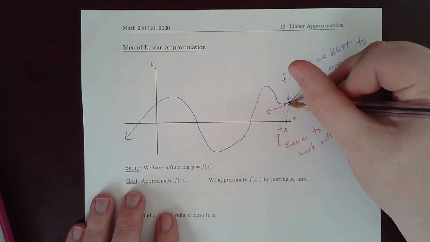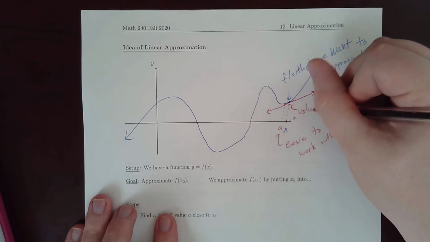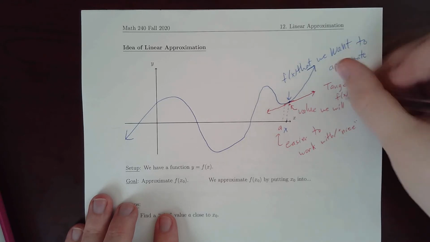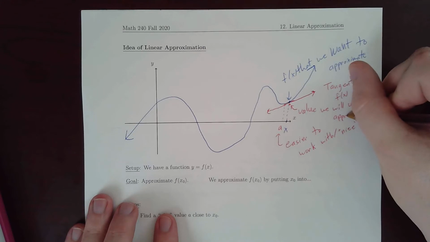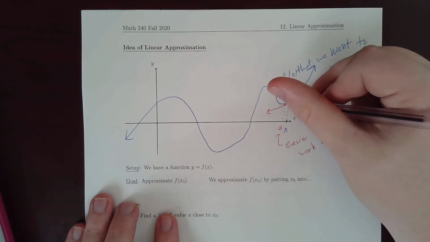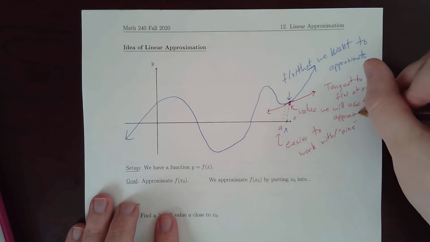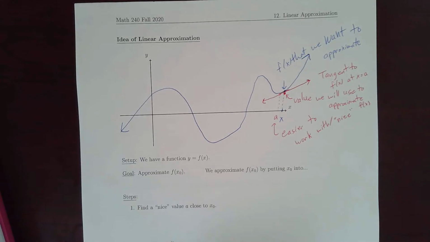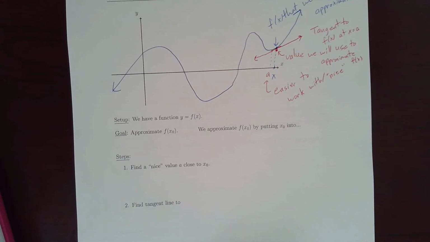And the value we get on the line is the value we will use to approximate. This should be on the tangent line. F of x. So we've got some function.